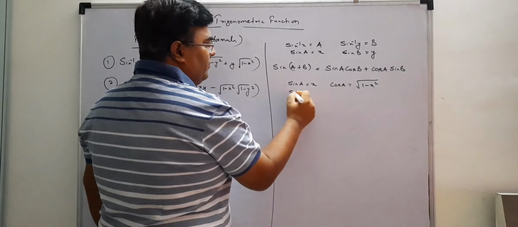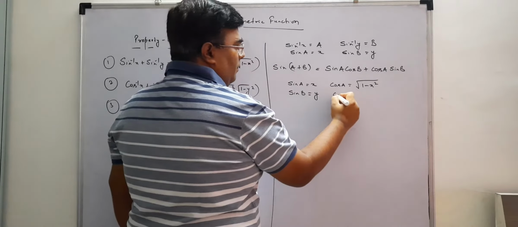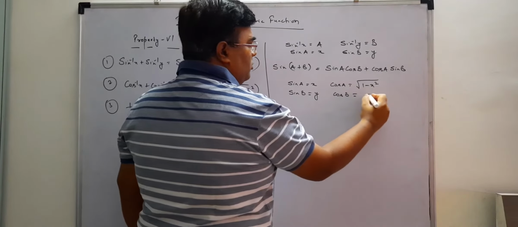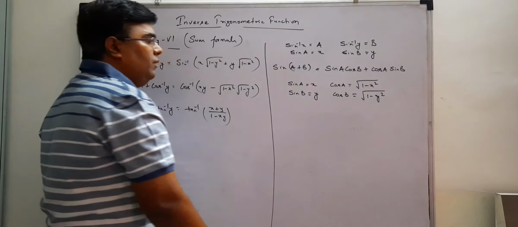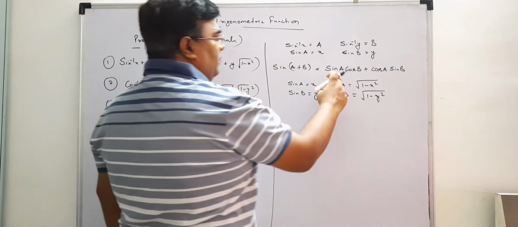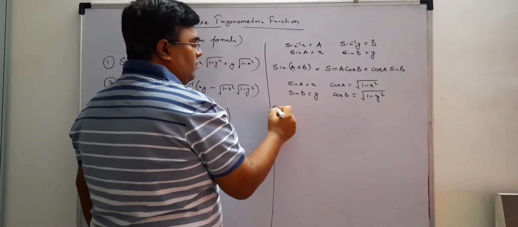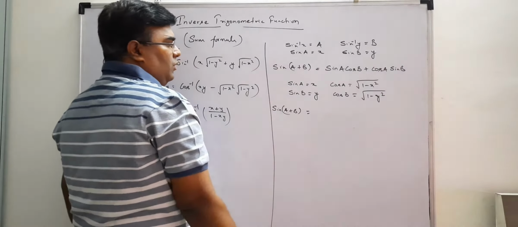Similarly, if sin B is y, my cos B is the square root of 1 minus y square. So we can put the values here. Sin(A plus B): what is sin A?